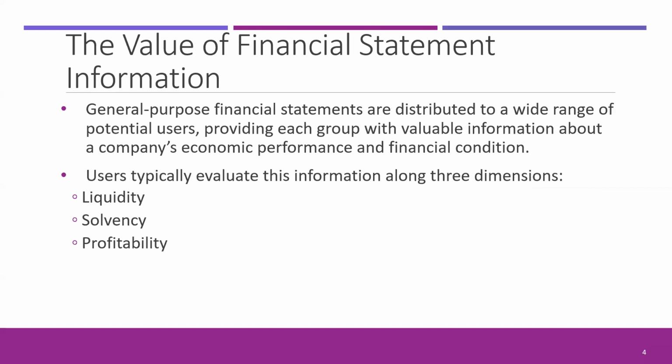General purpose financial statements are distributed to a wide variety of users, and they provide the group with a lot of financial information on the liquidity, which is assets compared to liabilities. How are they able to meet their long-term obligations, and how much of their assets can be converted into cash quickly enough to pay their debts?